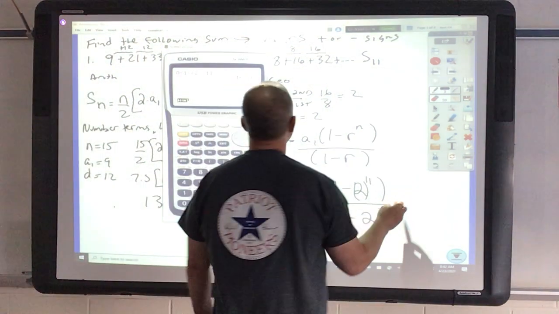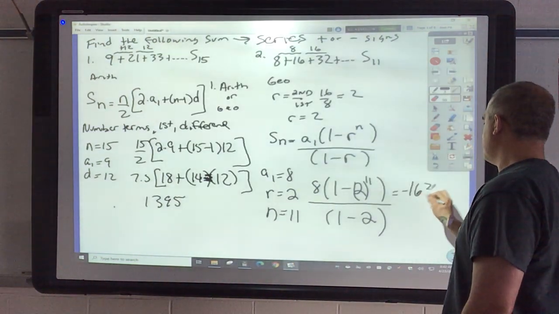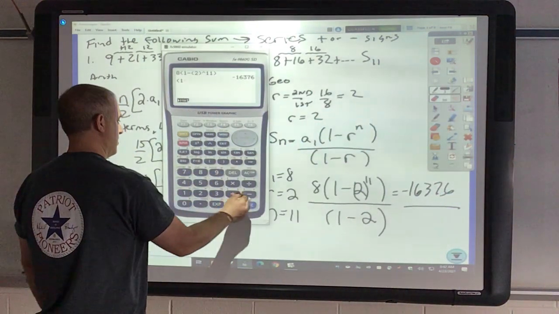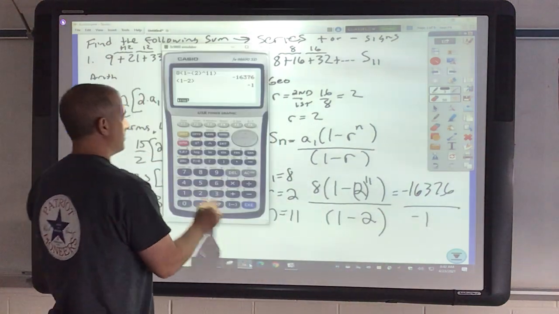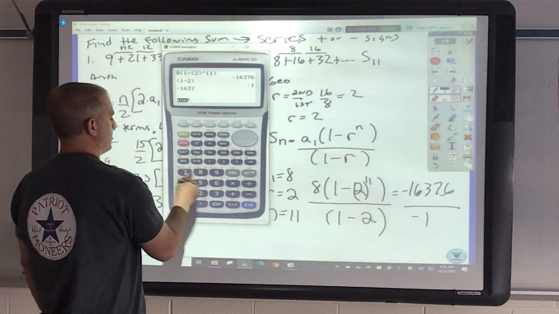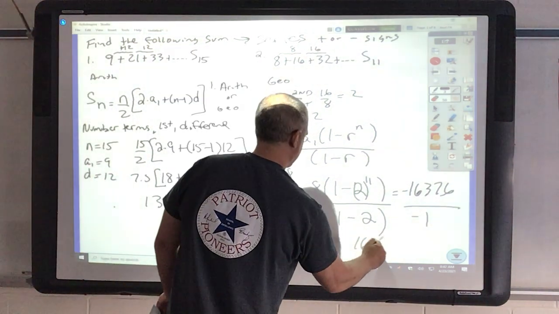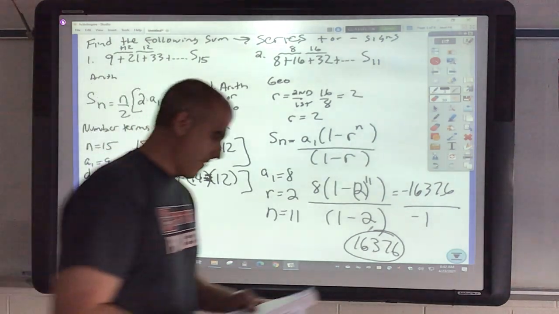The top part is negative 16,376. The bottom part is negative 1. So all you gotta do is divide those. 16,376. Pretty simple from that standpoint.